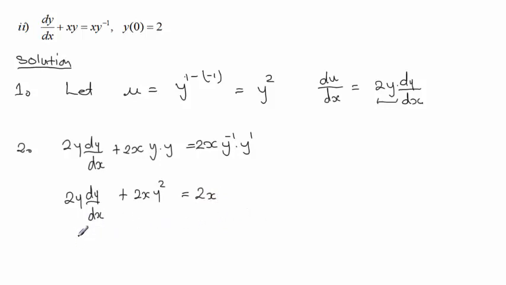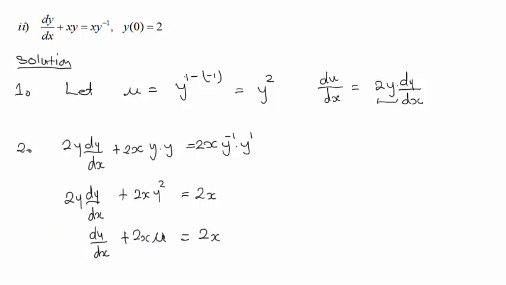So writing this in terms of u, we get our equation du/dx plus 2x u equals 2x. So then we've got our standard form of a linear equation.